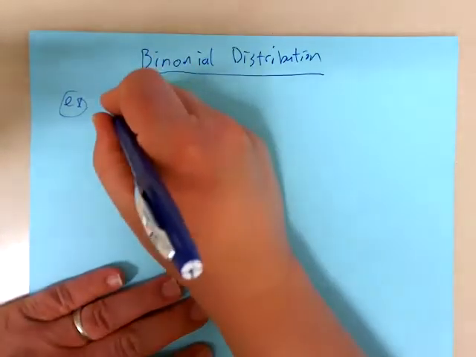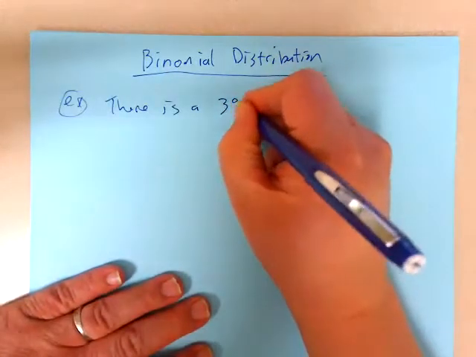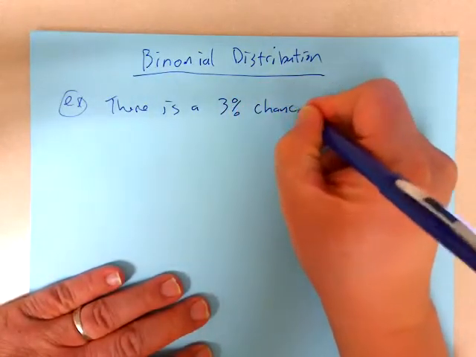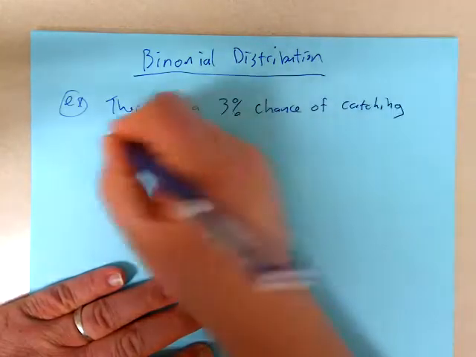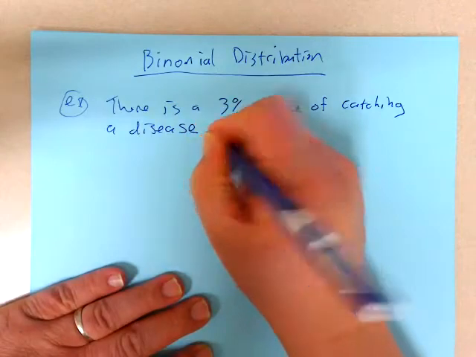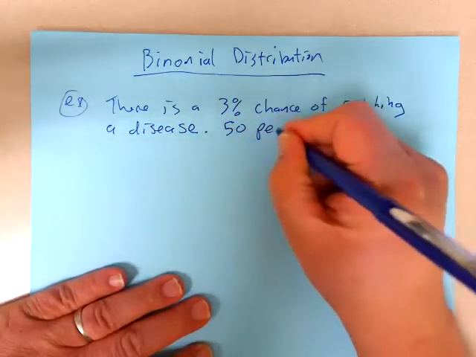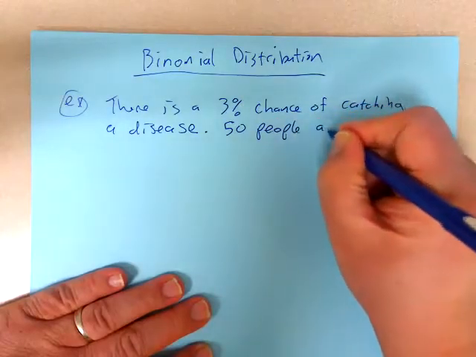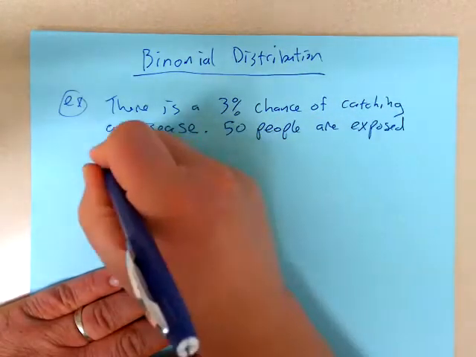So let's say there is a 3% chance of catching a disease. Okay, now let's say 50 people are exposed to the disease.